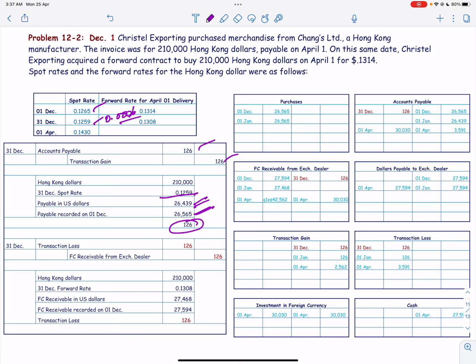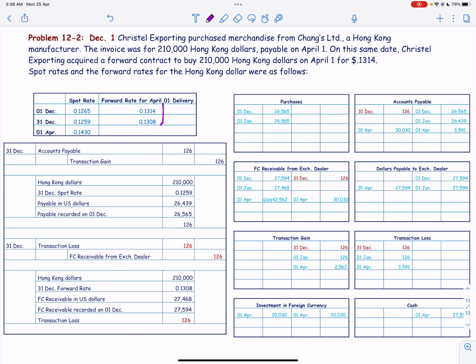Let us see whether the fluctuations in the forward rate went in favor or against the company on the balance sheet date. The forward rate on the balance sheet date decreased from 0.1314 on 1st of December to 0.1308 on 31st December.